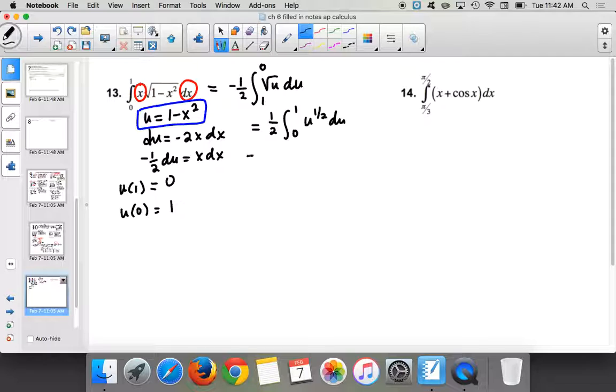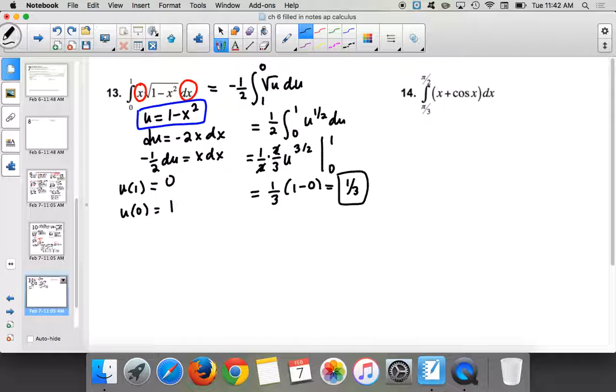Then I get u to the 3/2 with a 2/3 out front and my 1/2 from before. So then my 2's cancel, so I get 1/3, and then I have u to the 3/2, so 1 to the 3/2 is 1, 0 to the 3/2 is 0, so my answer is 1/3.